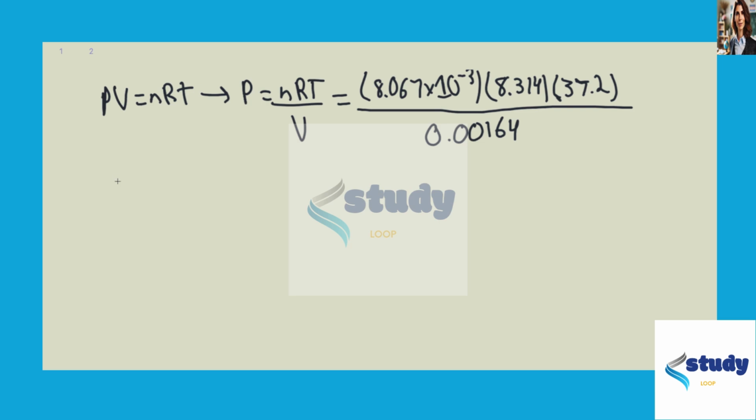And at this point, we can just plug this into any calculator, P is going to be 1.52 times 10 to the third pascals.